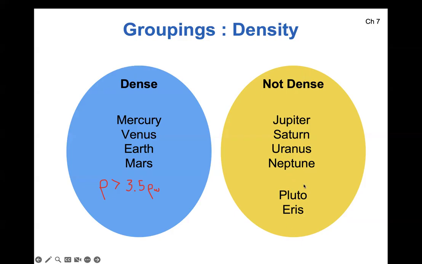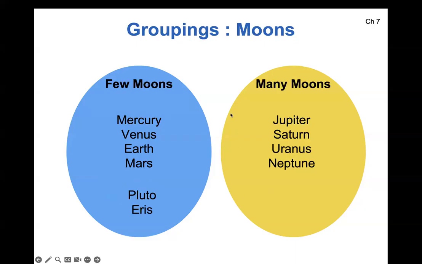Interestingly, our dwarf planets, Pluto and Eris, fall into the not dense category. And they are denser than the 4 planets, but not nearly as dense as Mercury, Venus, Earth, and Mars. They're kind of in the middle, and they're grouped in the not dense.